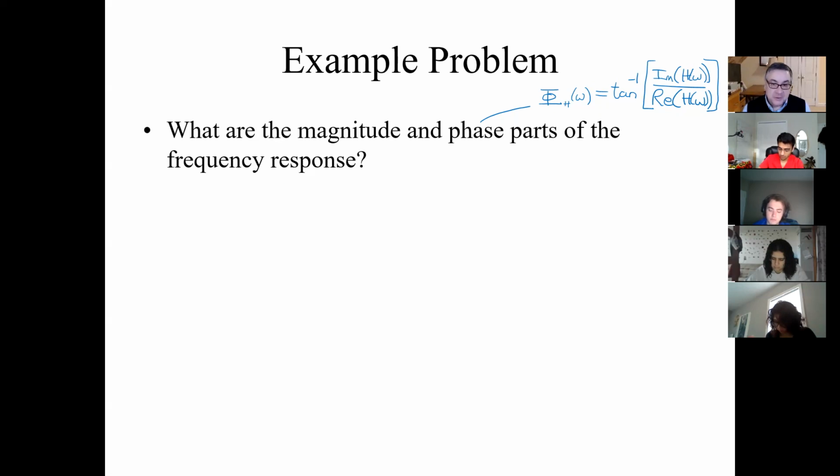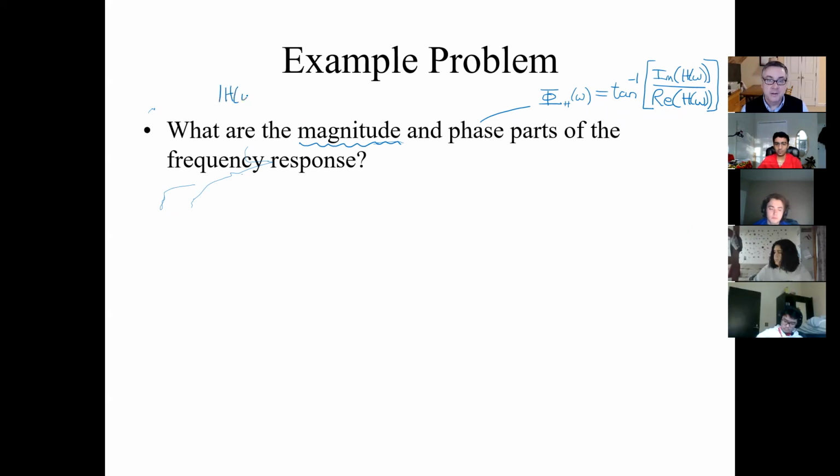Okay, the magnitude is going to be a lot more important to us, so I do want to spend more time on that. So we could, as noted before, say the magnitude squared is the real part squared plus the imaginary part squared.